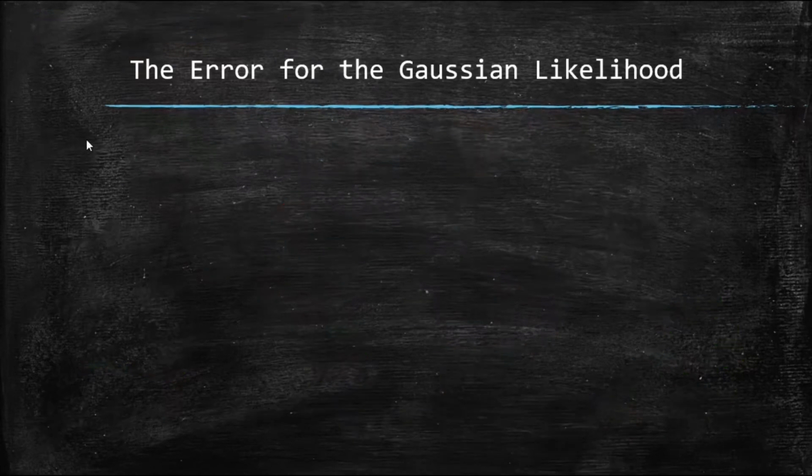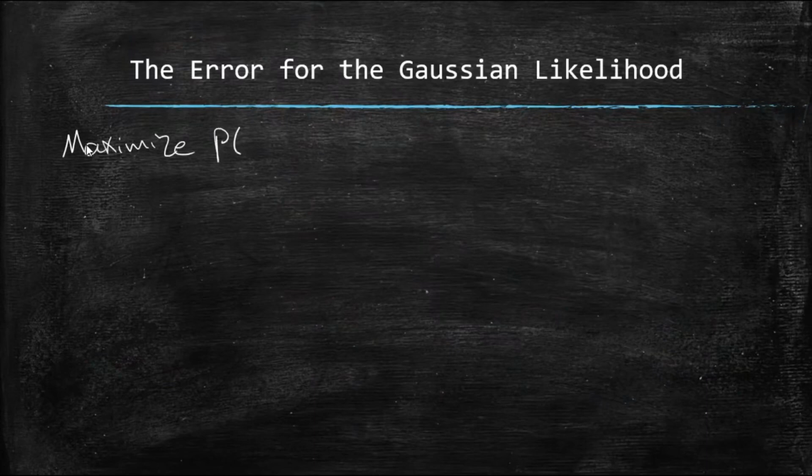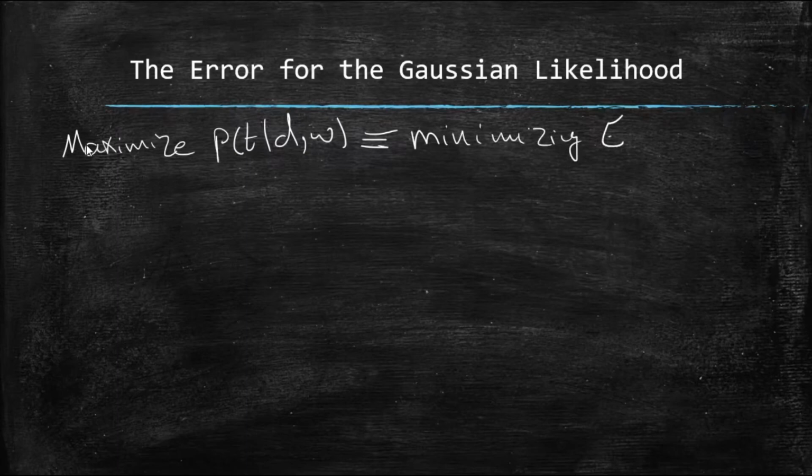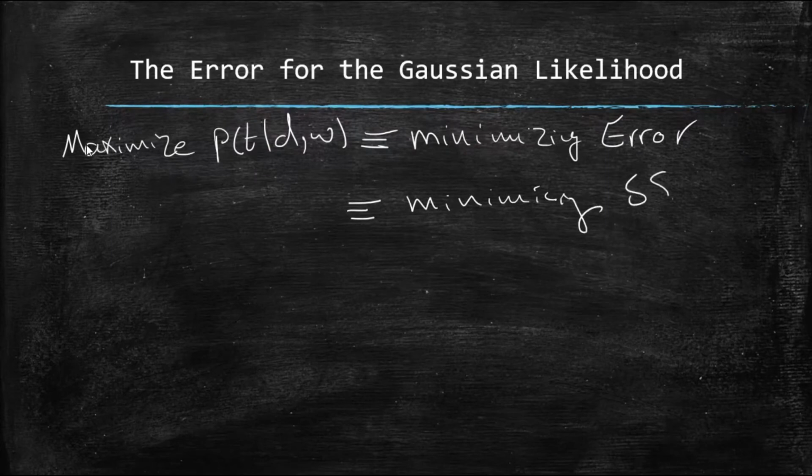So, maximizing the likelihood of t given the input and w equals minimizing my error, and all of that equals minimizing my sum squared error.